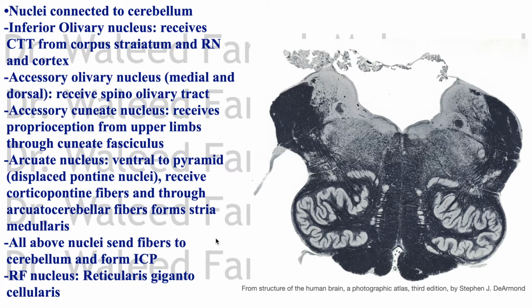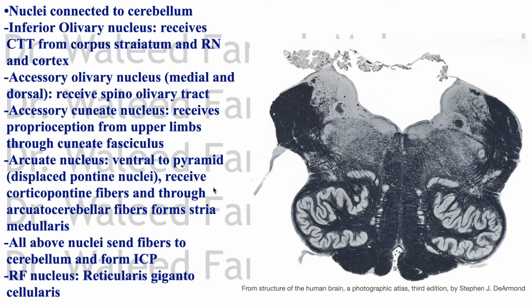They receive the corticopontine fibers, and through the arcuatocerebellar fibers form the stria medullaris that curves around posteriorly. All the above nuclei send fibers to the cerebellum and form the inferior cerebellar peduncle.